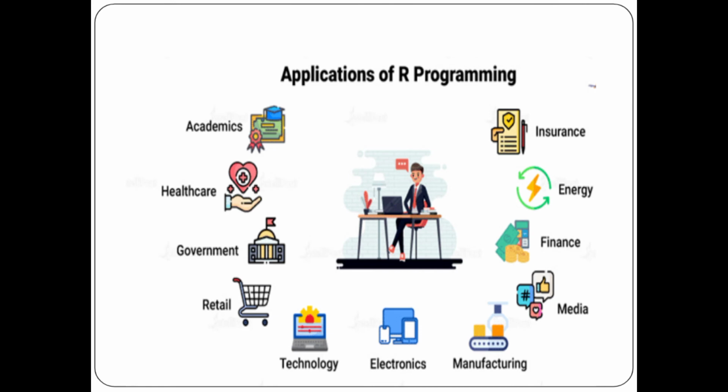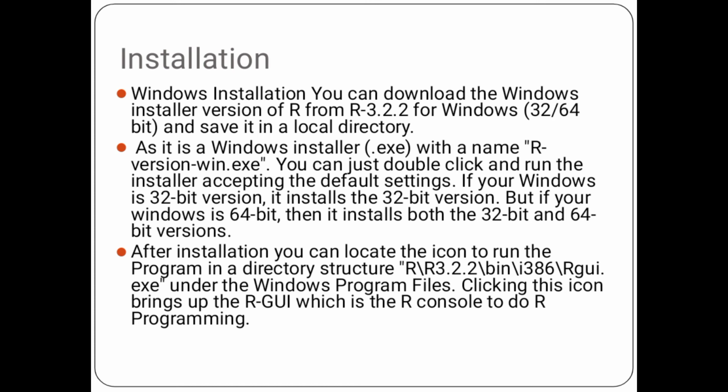And the next one is installation of R. How can we install R on Windows? For Windows installation, you can download the Windows installer version of R 3.2.2 for Windows, 32-bit or 64-bit, and save it in your local directory.